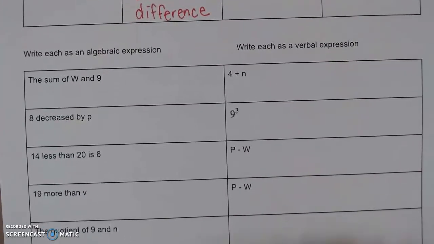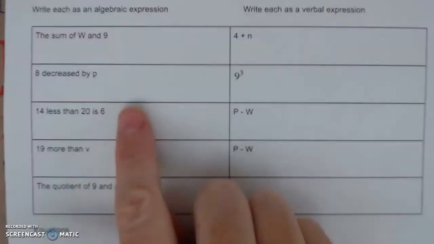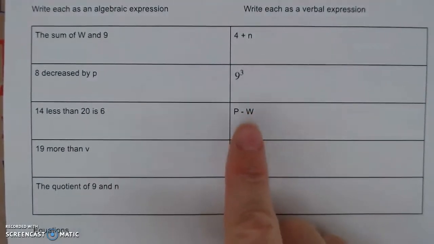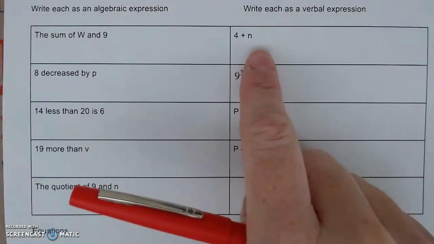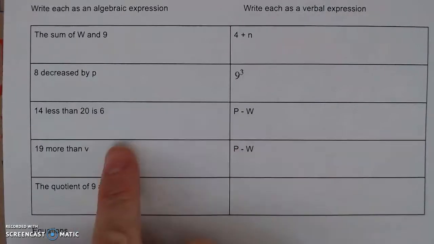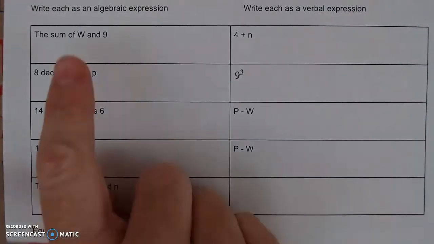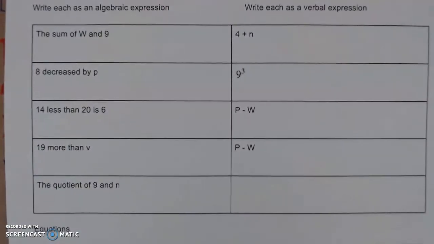So for our first examples, we're going to have two types. They're either going to give you a verbal expression and you write it as an algebraic expression, or they're going to give you an algebraic expression and you want to write it as a verbal expression. So these kind of look like each other's opposite. Let's look at the first one. We've got the sum of W and 9.